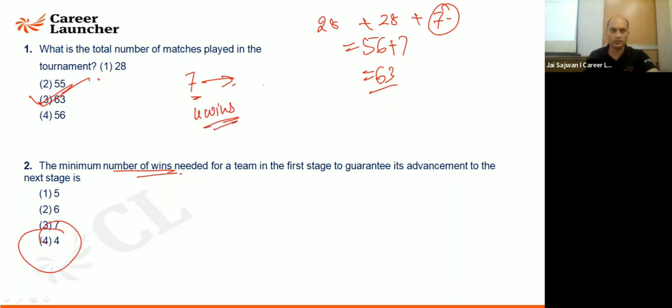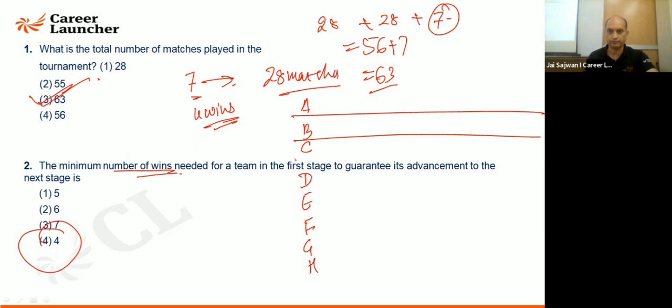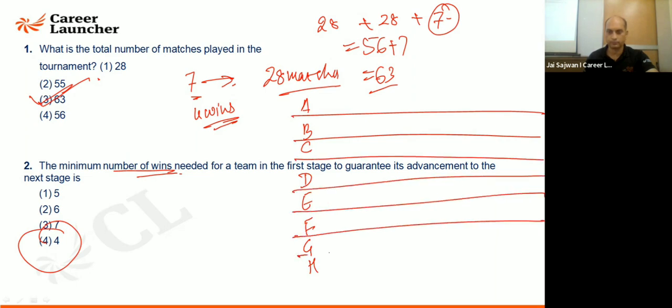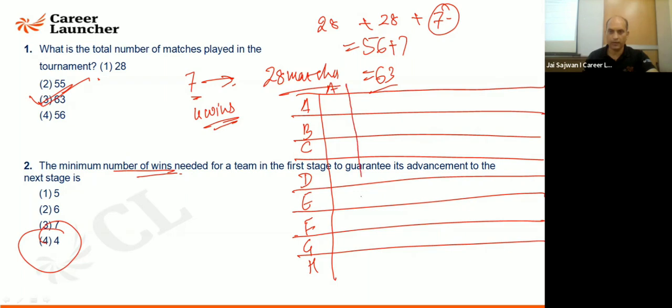Let's try to understand this. There are 28 matches which are going to be played in round 1. Fine. Let's name the teams A, B, C, D, E, F, G, H. There are 8 teams. They are going to play against each other.